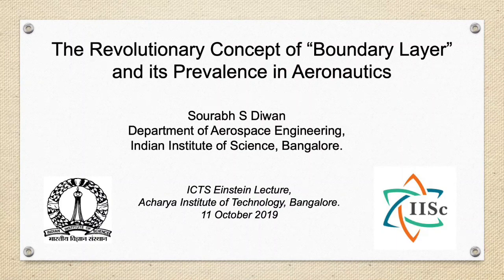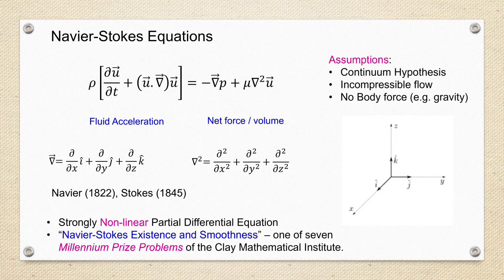It's a partial differential equation, and on the left hand side you basically have fluid acceleration multiplied by density. So this is the mass into acceleration term, and on the right hand side you have the net forces acting. So the Navier-Stokes equation is really an expression of Newton's second law of motion applied to fluids.